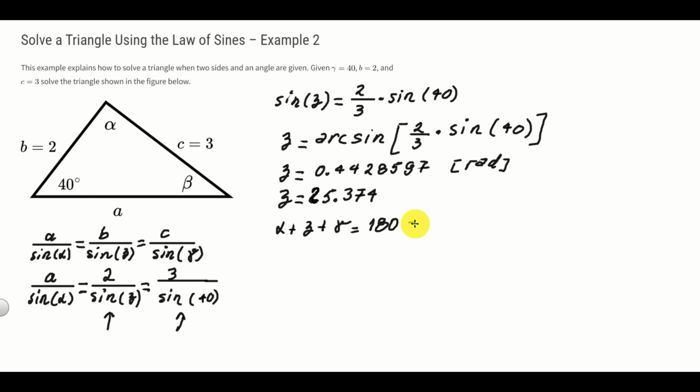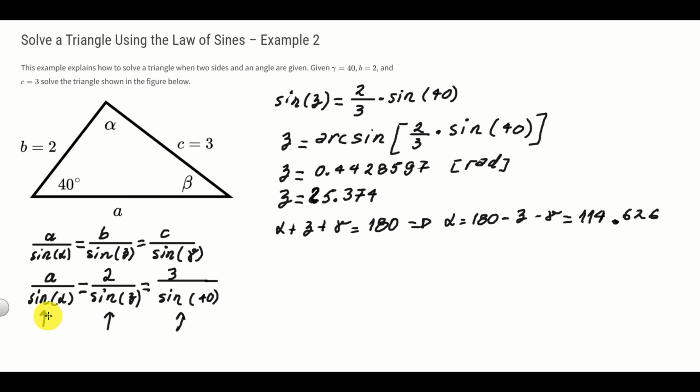From this equation, it follows that alpha is actually 180 minus beta minus gamma, and if you substitute the values, you will get that alpha is approximately 114.626 degrees. Let me double check this. 114.626. That's correct.